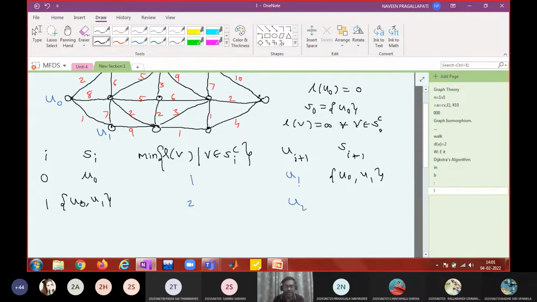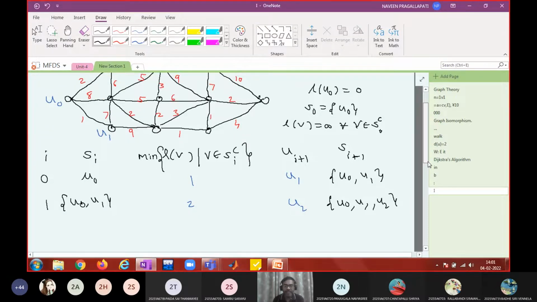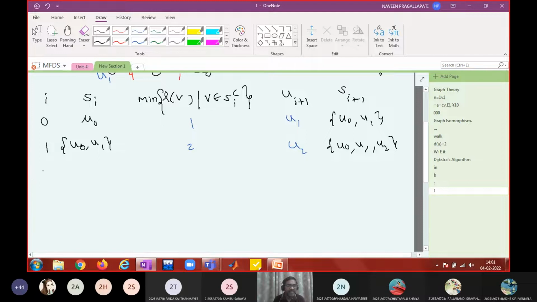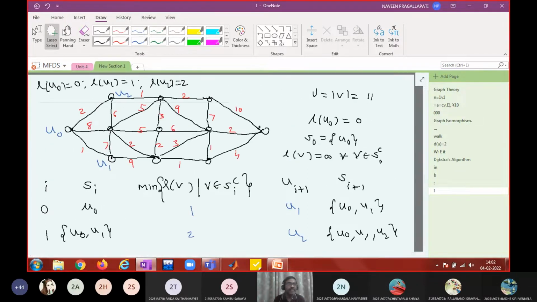So what is your new set? Your new set is going to be u0, u1 and u2. Now we updated this set. For the next iteration, i is now becoming 2. Now my new set is u0, u1 and u2. Now the rest of the vertices are these things.